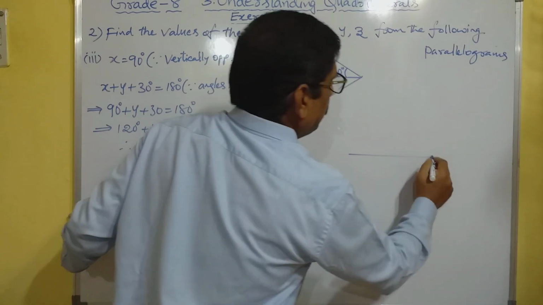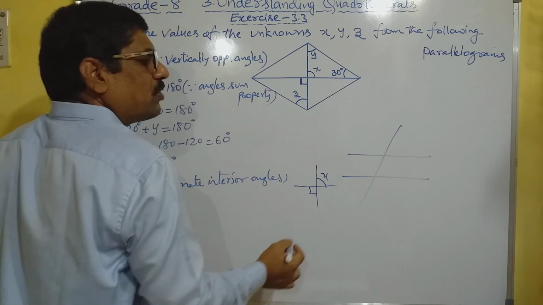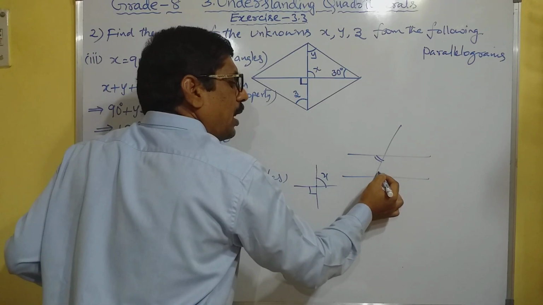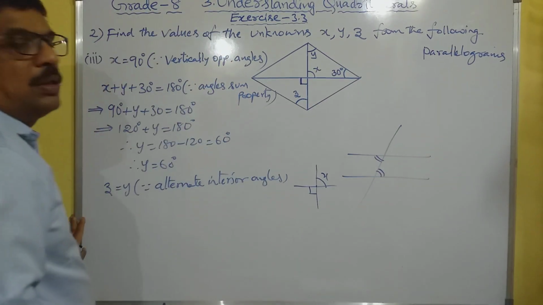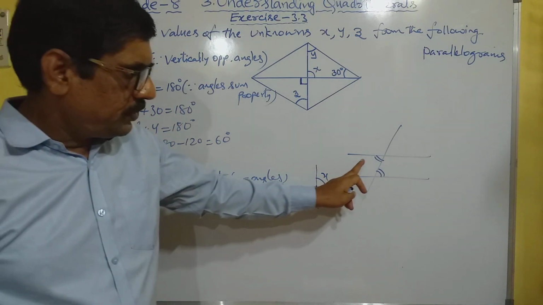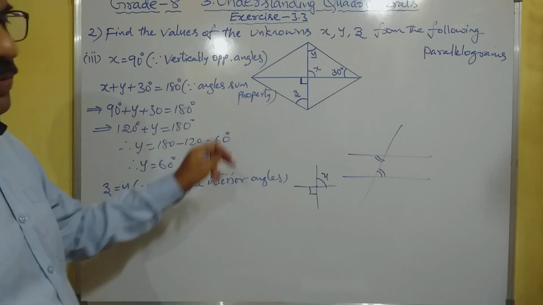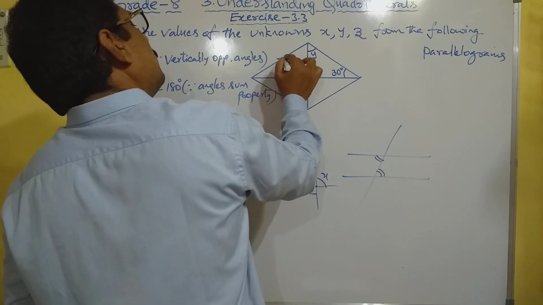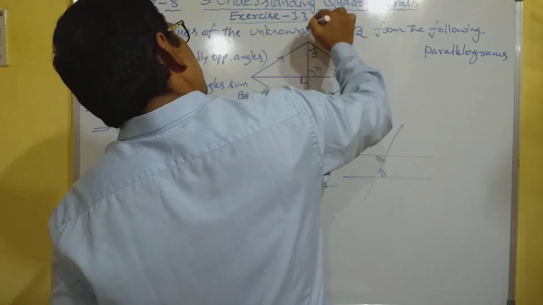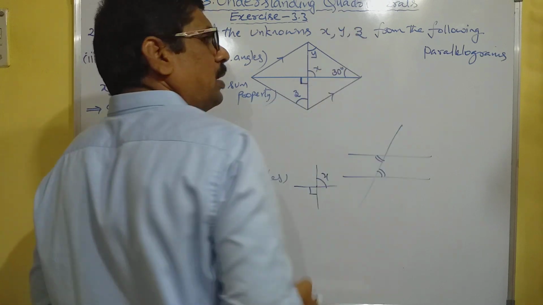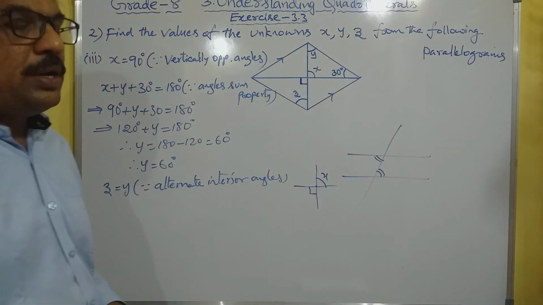Whenever two lines are intersected by a transversal, this angle and this angle will be equal since they are alternate interior angles. Z and y are also like that only, observe. These two are parallel as it is a parallelogram. So this is a transversal, we can see y and z are alternate interior angles.